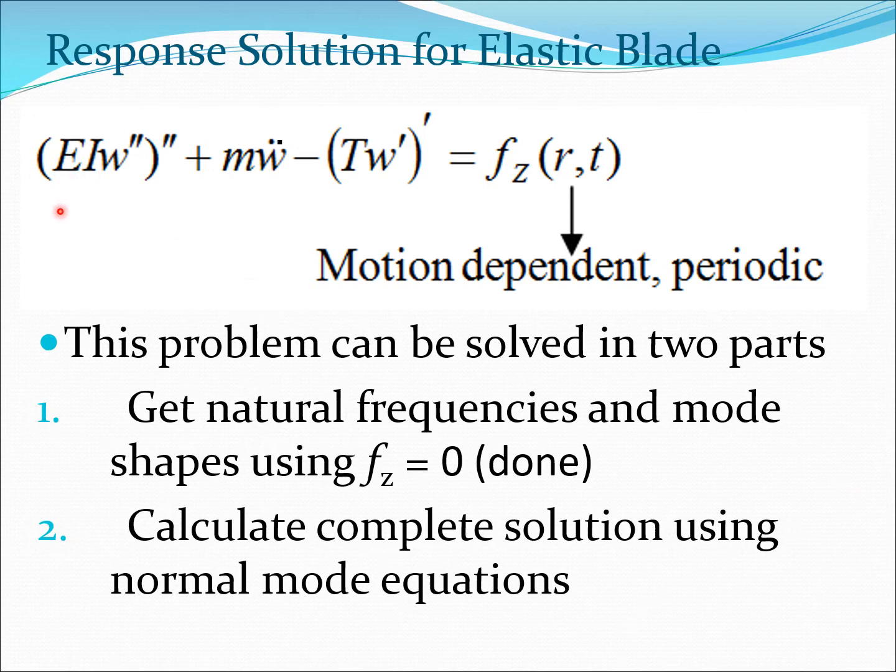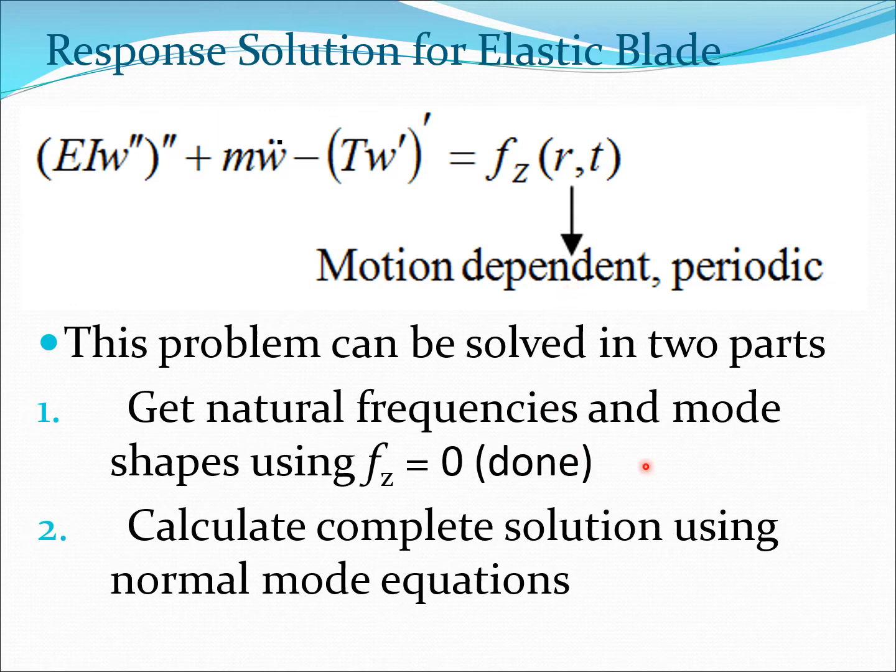So in the elastic blade, we have a partial differential equation. So we not only have time, which is the dot, but we also have space, which is in terms of the dash derivative, and you clearly see here the forcing is a function of r and t, and typically this can be motion dependent and periodic. Okay, now this problem is solved in two parts.